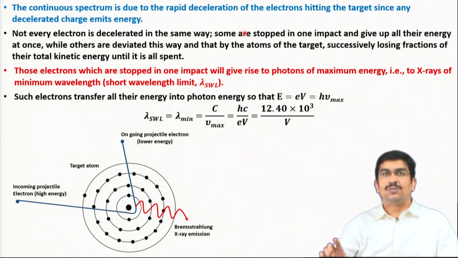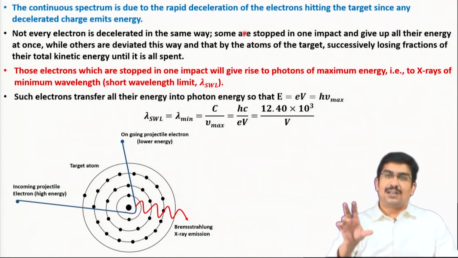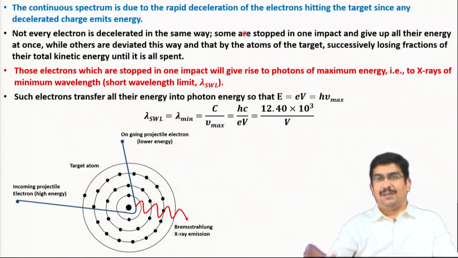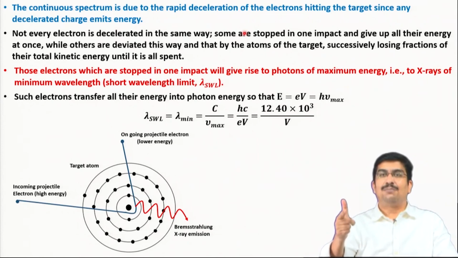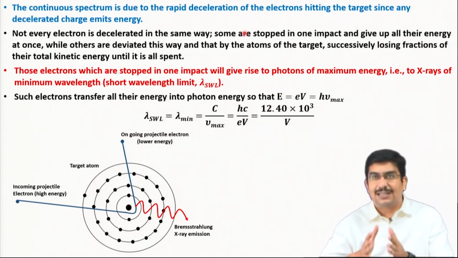That means those X-rays will constitute the short wavelength limit. So, the short wavelength limit of the continuous spectrum comes from this deceleration process. The deceleration process is very much stochastic in nature. It has a finite probability.